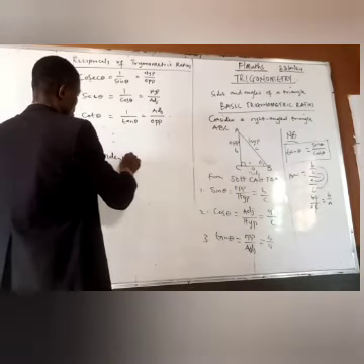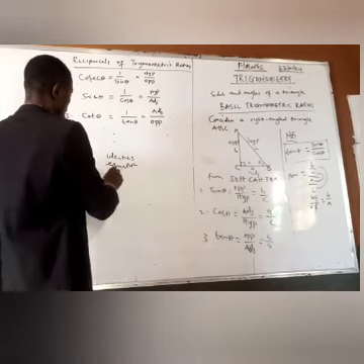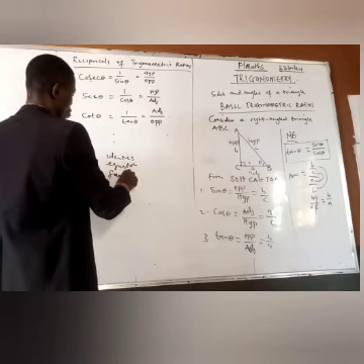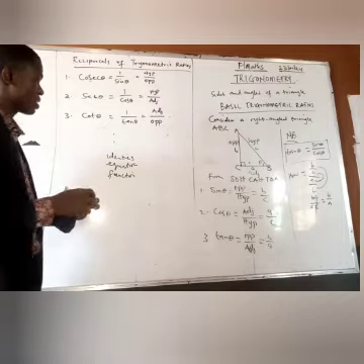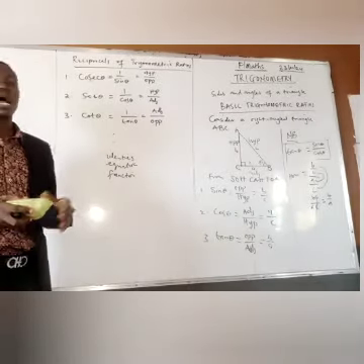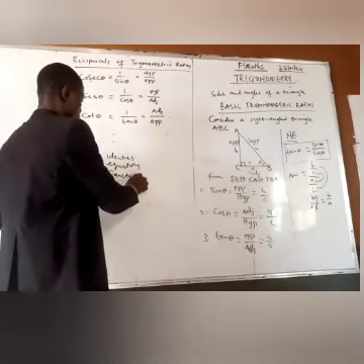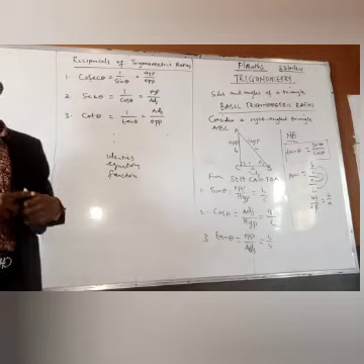Is there anybody that can differentiate and tell me the difference between these three? Identities, equations, and functions. Who can differentiate it?